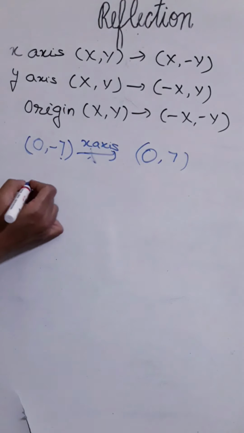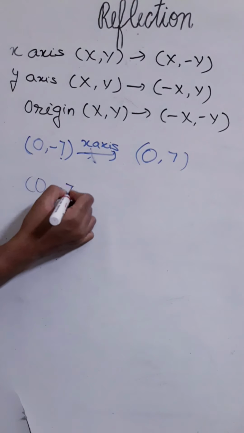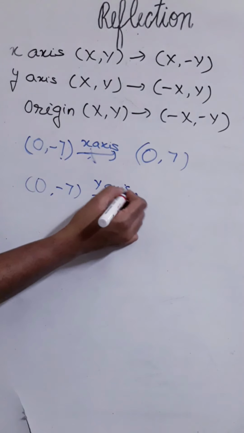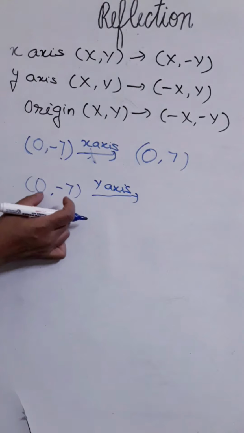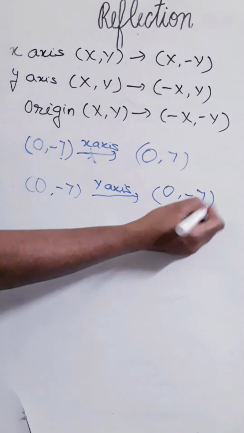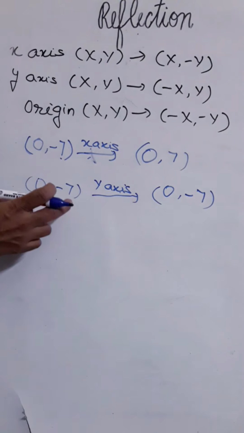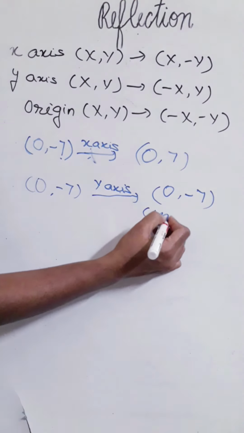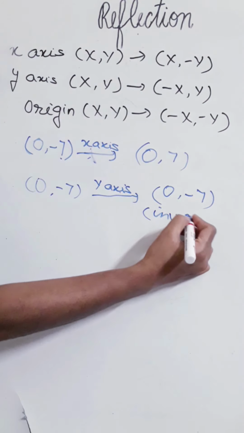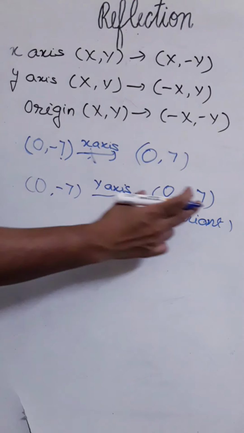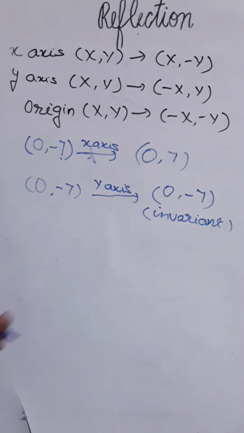Now if I am doing the same with respect to your y-axis, sign of x will change. Now here you have 0, so it will not change anything. So you will have the same answer. Now when after reflection you are getting the same answer, that point is known as invariant.